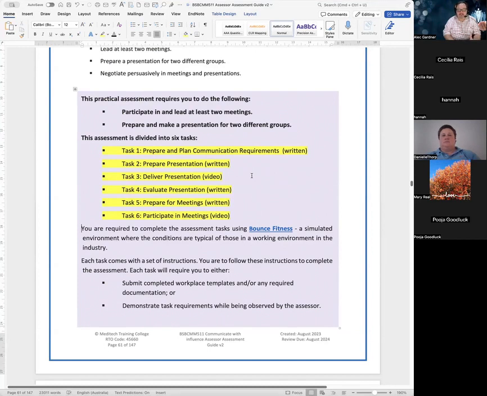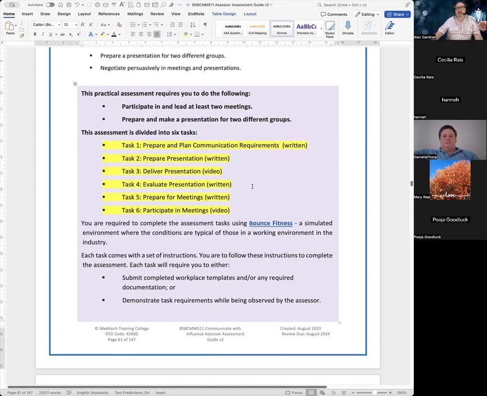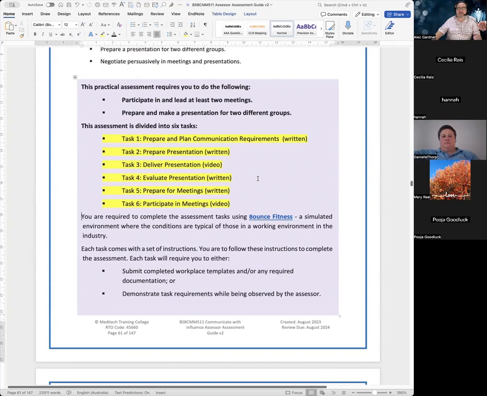The reason the videos are in there as part of the assessments is that as an assessor, I've got to assess what we call the foundation skills. And those foundation skills are mostly around the communication skills. So to assess that, we put in a video as a way of being able to do that. Now, who's involved in these meetings?